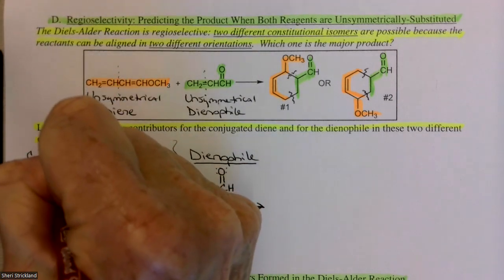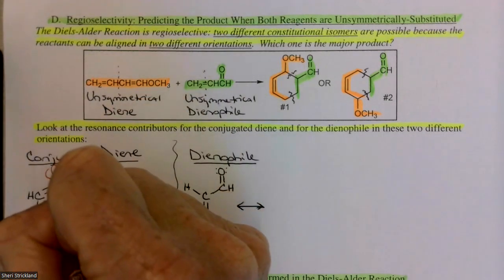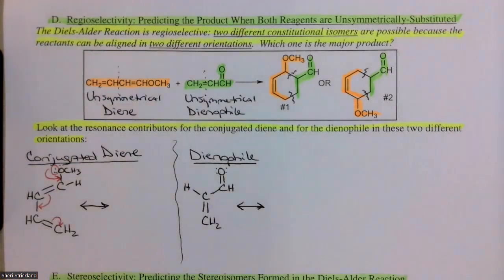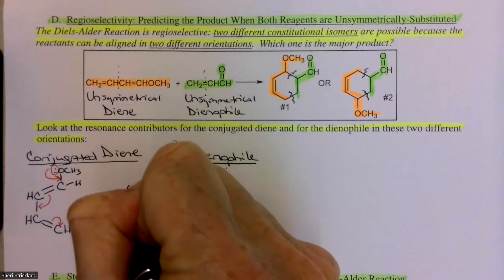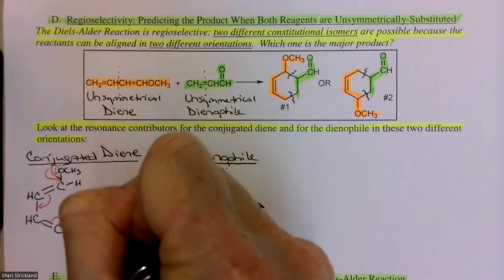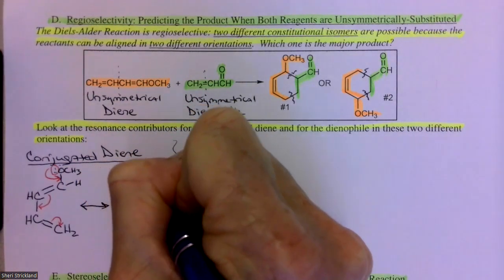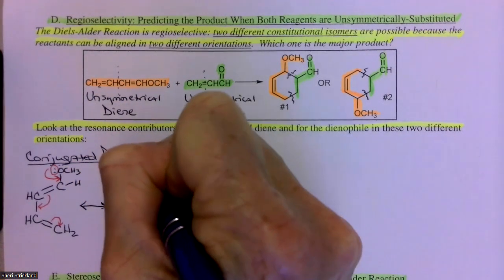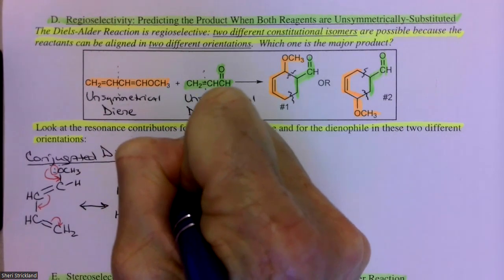So I'm going to just draw all the way to the other end of the conjugated system. And when I do that, of course, you remember the atoms are all in exactly the same places. None of the atoms ever move when you have a resonance contributor, but electrons move.